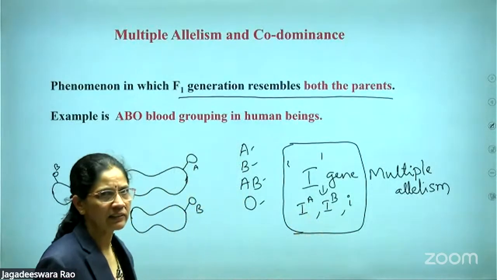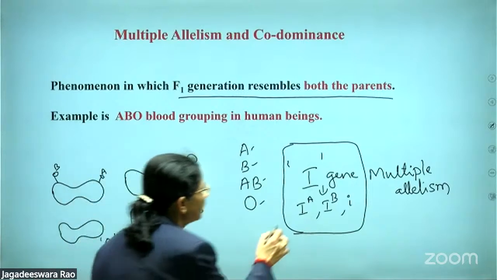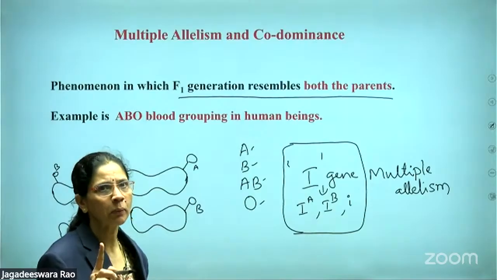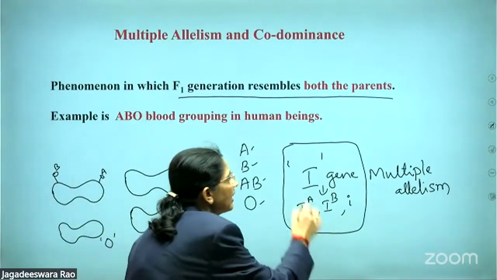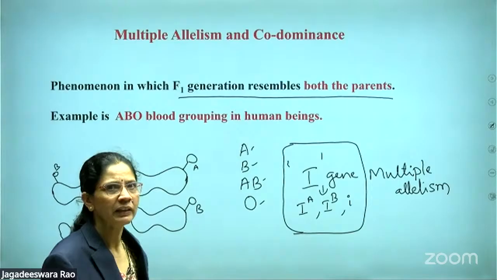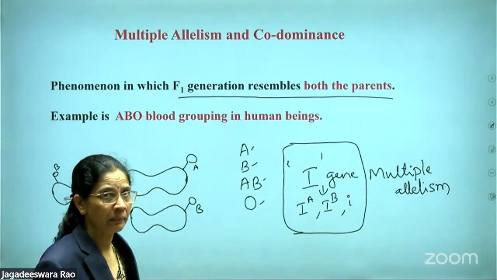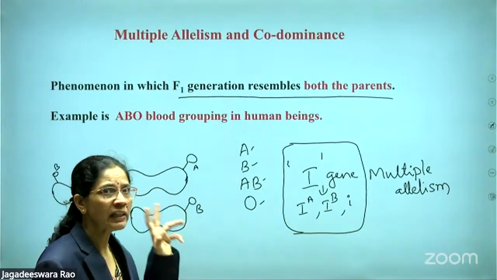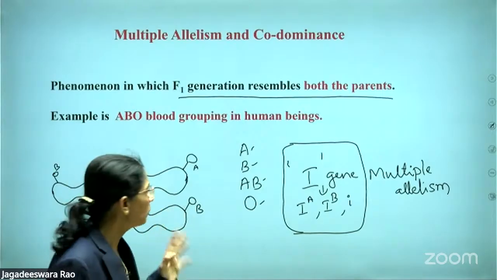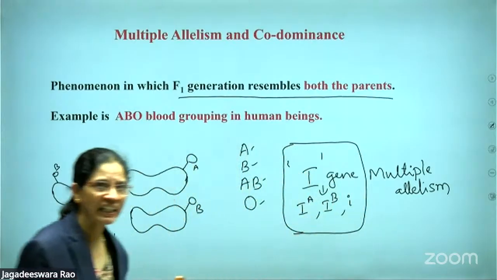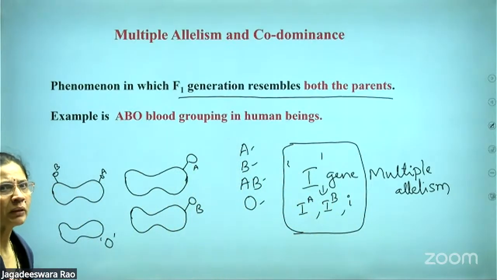Now, are they present in the same person? No. When we study the human population, we will get three alleles for this I gene. Clear? Whatever Mendel told, he told in an organism: there are two alleles for a character. That you need to remember. So multiple allelism is shown by the I gene in the human blood group.